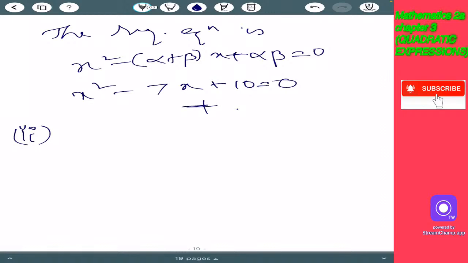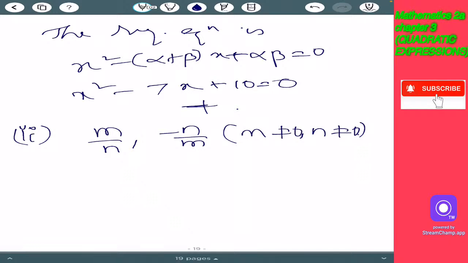Go for the next, second question: m by n comma minus n by m, where m not equal to 0, n not equal to 0. Solution: same, you need to find the sum of roots and product of roots, add in the equation, and you'll get an equation.